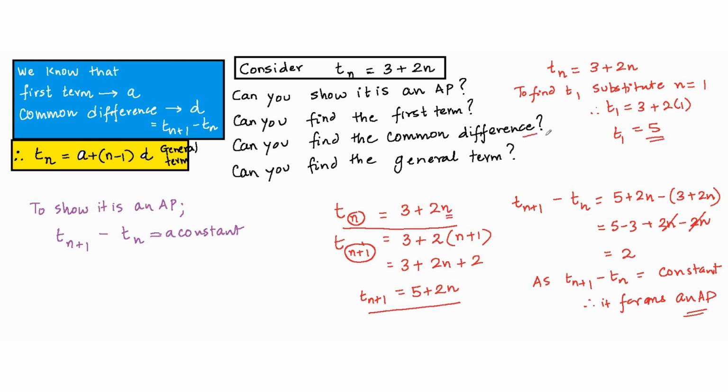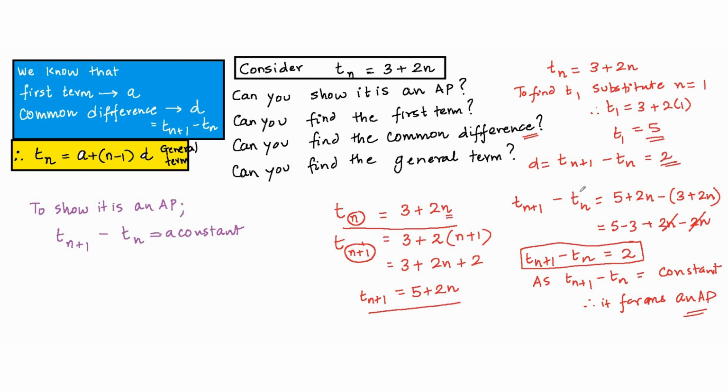Can you find the common difference? Of course, the common difference has already been found. Common difference is nothing but the difference between the n plus 1th term and the nth term. And that was already found out in one of the previous subparts. So we found that Tn plus 1 minus Tn was 2, and therefore the common difference is 2.